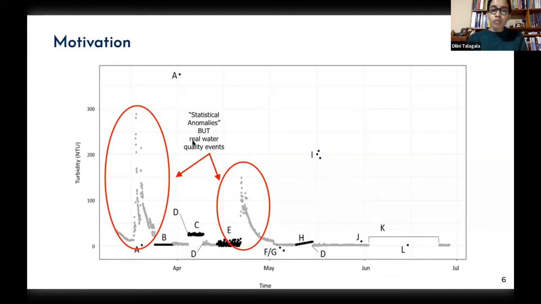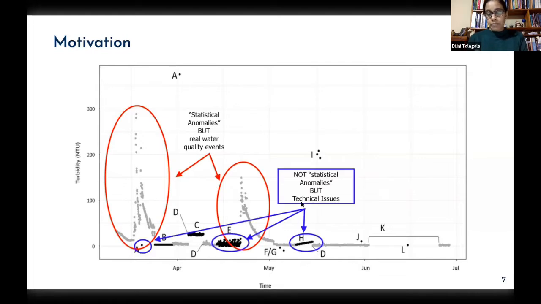But according to water quality experts, this is not an anomaly, it's a real event. They want us to come up with an algorithm that claims these as typical points instead of anomalies. Now let's think about these types of technical issues.